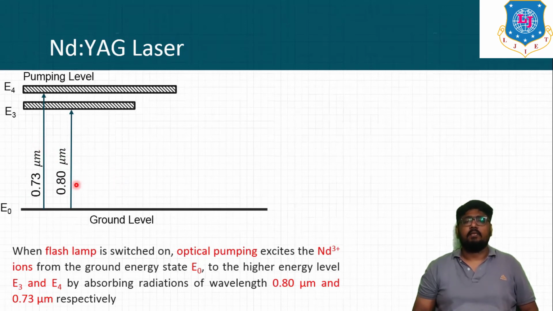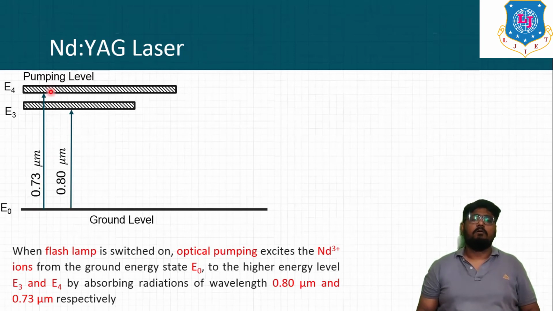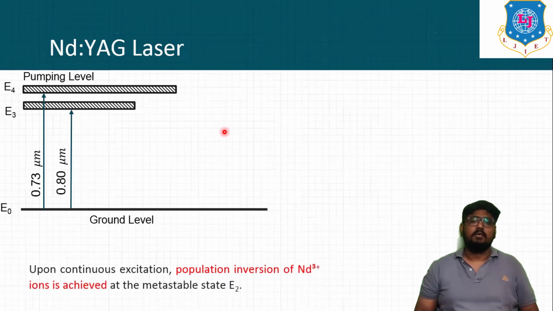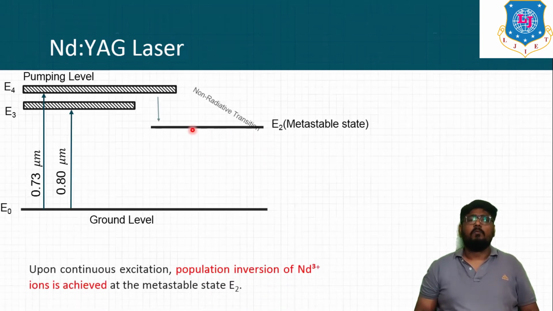So to go from the ground level to the E3 energy level, it will absorb a wavelength of 0.80 micrometers, and to go from E0 to E4, it will absorb a wavelength of 0.73 micrometers, as you can see in the figure.